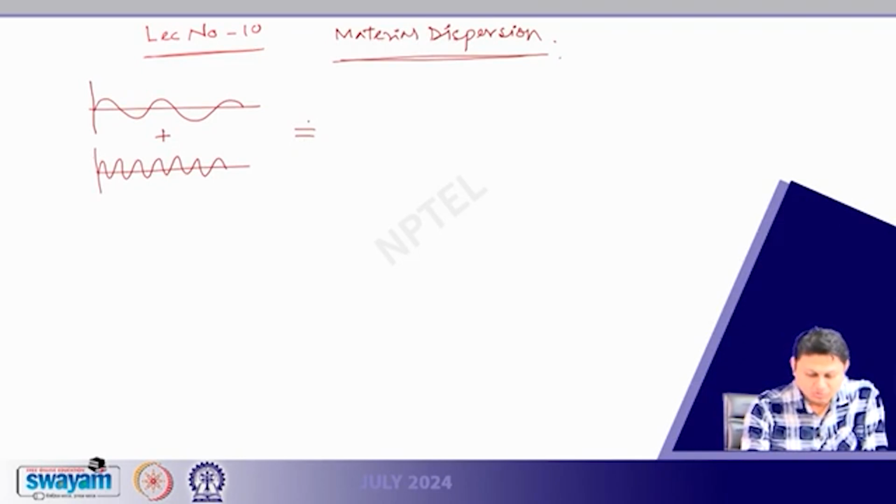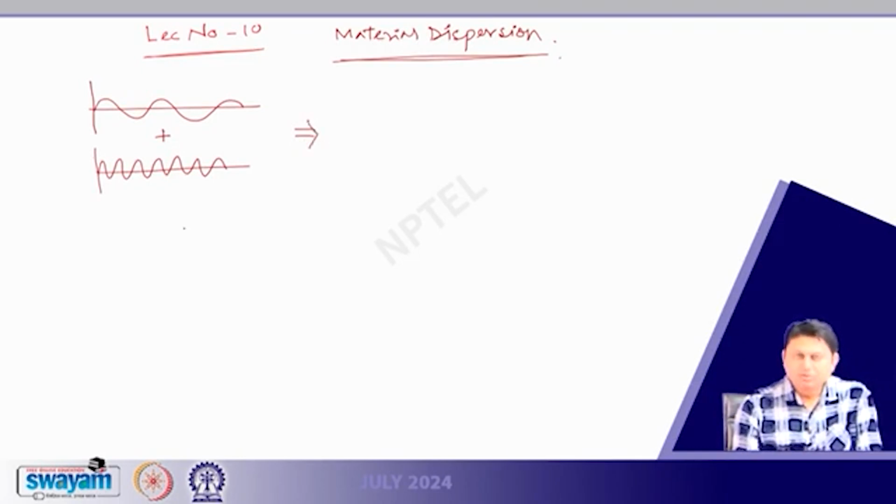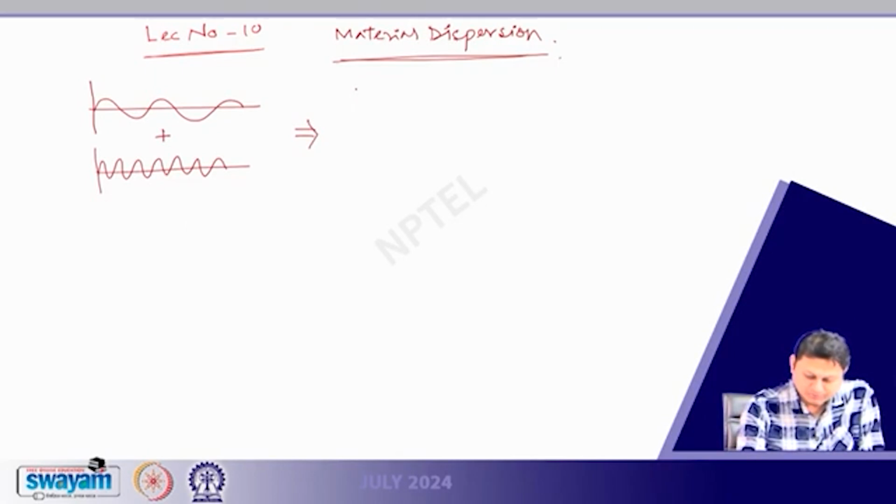When these two waves with different frequencies are superimposed, we find a resultant structure having the form like this. They are forming small beats, so this is called beat formation.